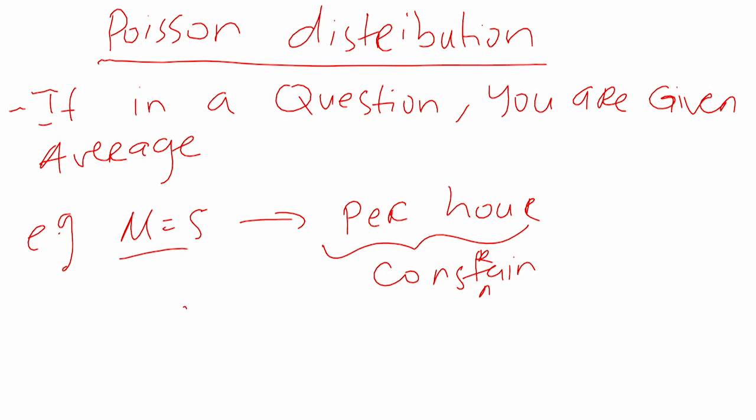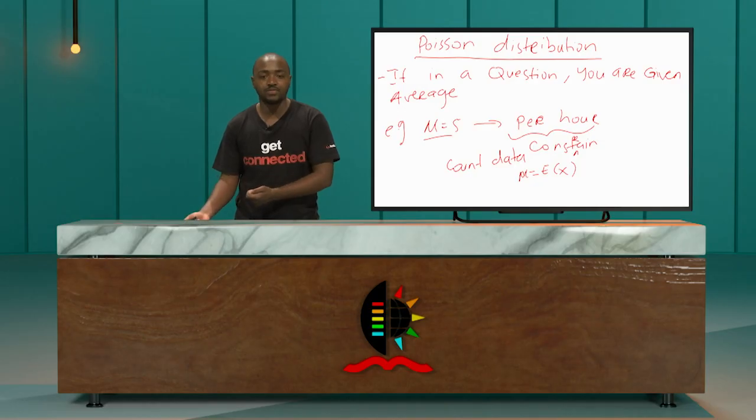Poisson distribution deals with count data. Again, if I'm being asked to find the expectation under Poisson distribution, it's just this average that I'm given. So the expectation, right? Now remember, this average goes with per hour. They can change this constraint. So you need to know that if they change this constraint, the average you look for must be in line with whatever they've changed it to.